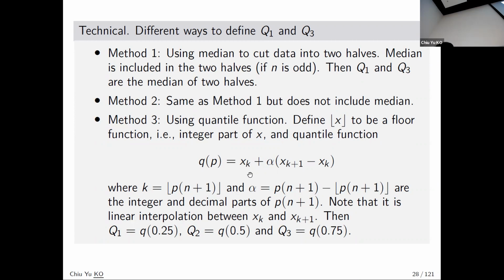this formula again, (n+1)/4 or 3 times (n+1)/4. Some of you asked me why n plus 1. Because that's how you calculate the median, right? You're going to complain about (n+1)/2. So the same idea here. It's again median and median again. The idea is very similar.